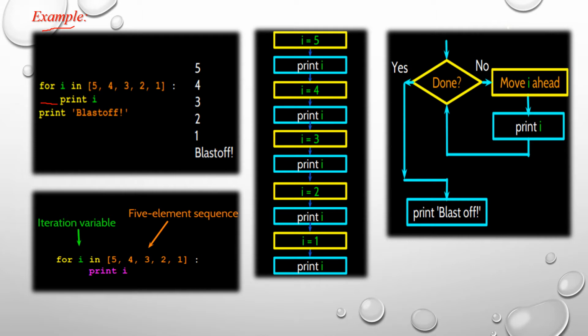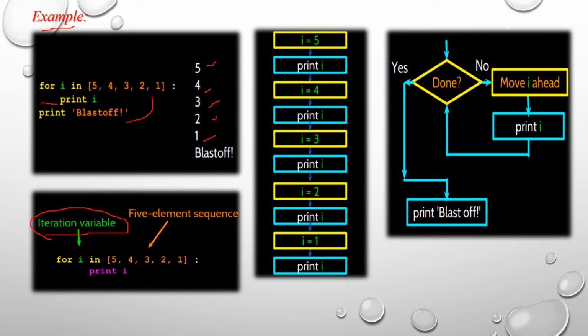Again we print blast off. Here i is the iteration variable, and 5, 4, 3, 2 and 1 form a five element sequence. If you execute this, the interpreter is going to print 5, 4, 3, 2, 1, and after that it prints blast off.